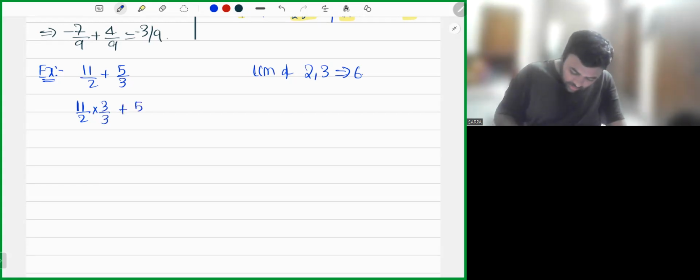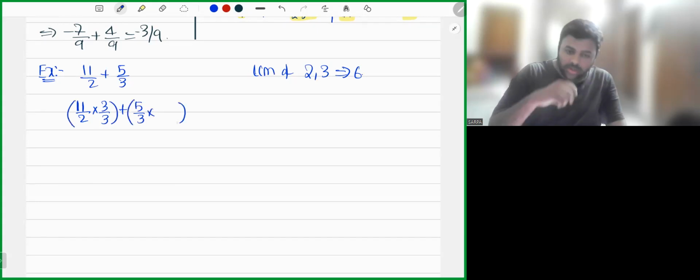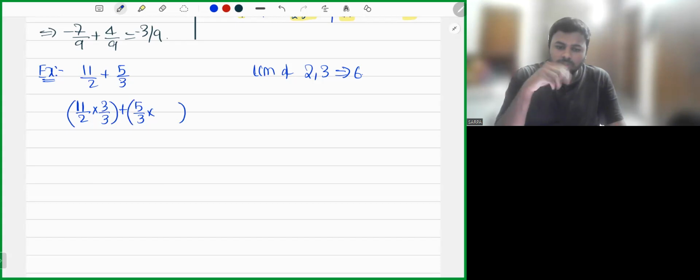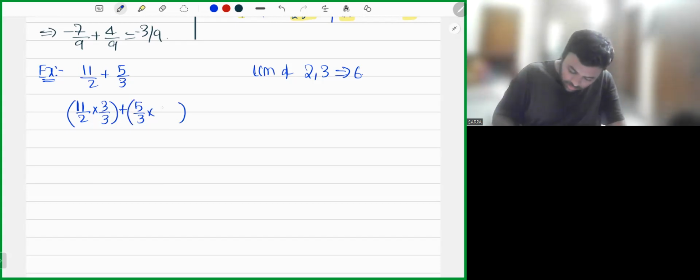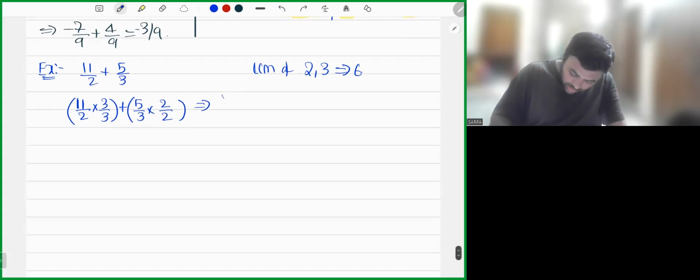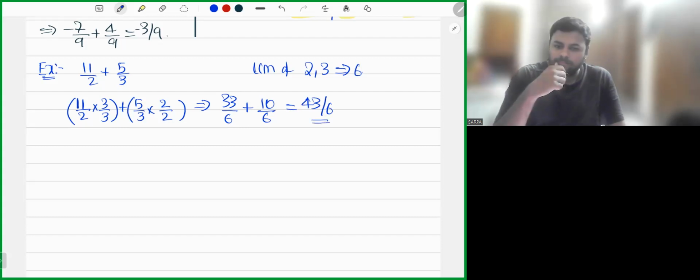Plus 5 by 3. How will I convert the denominator into 6? Numerator and denominator, I'll multiply with 2. So 11 into 3, 33 by 6. Plus 5 into 2, 10 by 6. So total 43 by 6. Okay. So I hope that's fine, everybody.